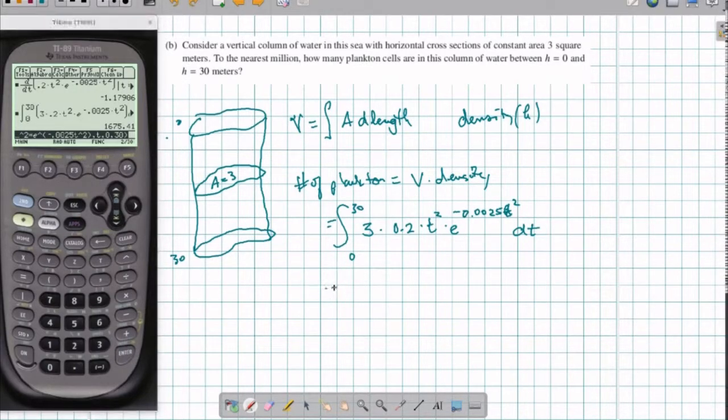And we end up with 1,675.41 million plankton. Of course, they're asking us to do this to the nearest million, so that's how many plankton it is to the nearest million, 1,675.